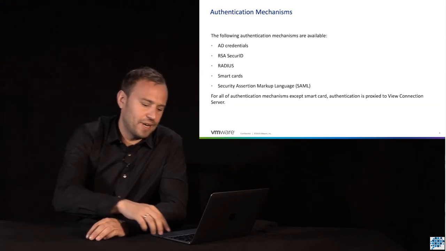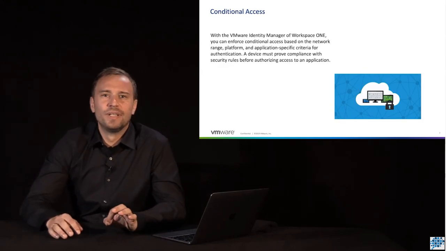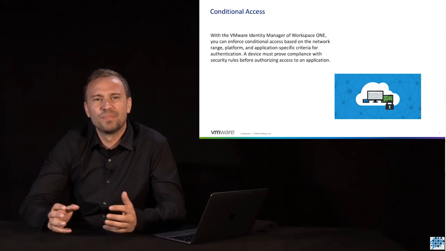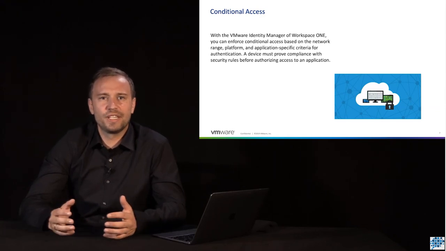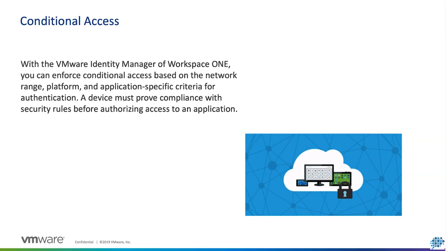Another important fact is that we probably want to create something like conditional-based access into our environment. What does it mean? Only if our endpoint, our physical desktop, our physical laptop, our smartphone has a certain condition, we allow access into our virtual desktop, virtual application, SaaS-based application. And that's where we can utilize the Identity Manager of Workspace ONE.